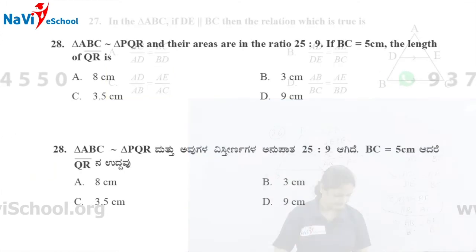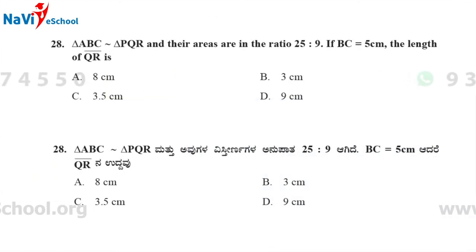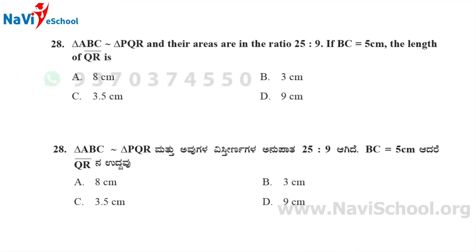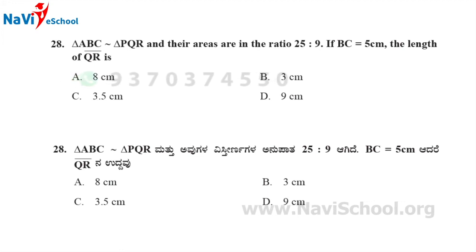Next, question number 28. Triangle ABC is similar to triangle PQR and their areas are in the ratio 25:9.